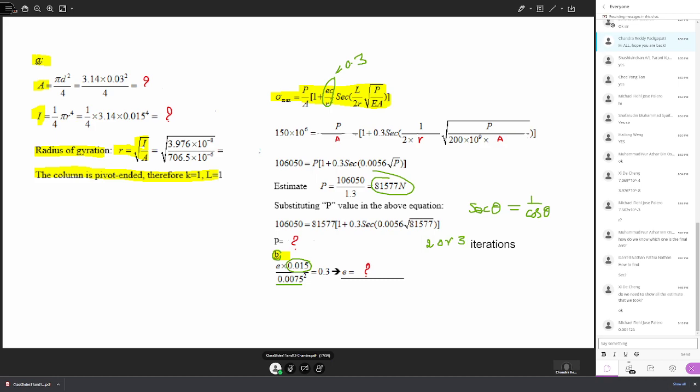That's correct, Michael. So what is the unit? 0.001125.